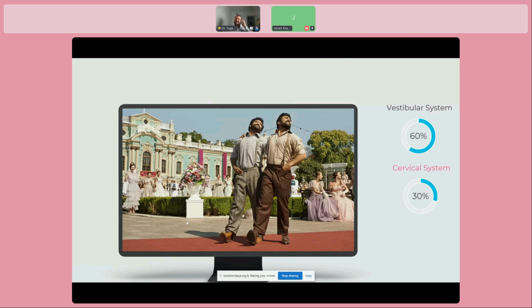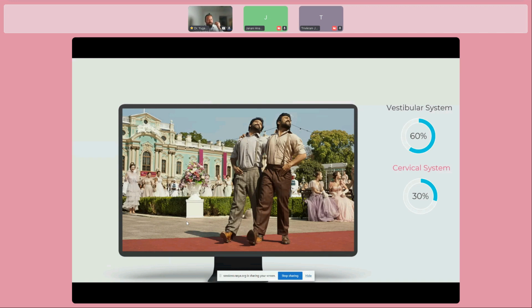What happens if the vestibular system is weaker? So our brain is amazing. It doesn't rely on one particular organ or sensor, even if it is very important. So you have muscles, the neck muscles, that have sensors and send information to the brain.